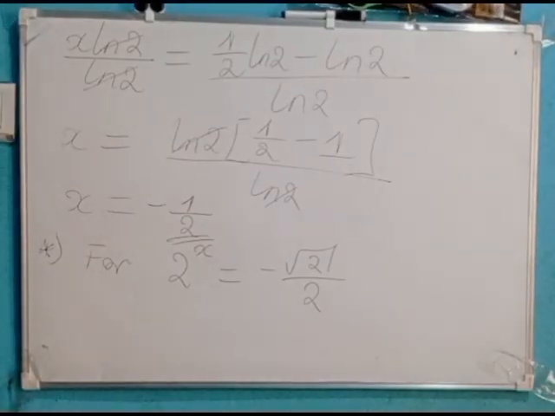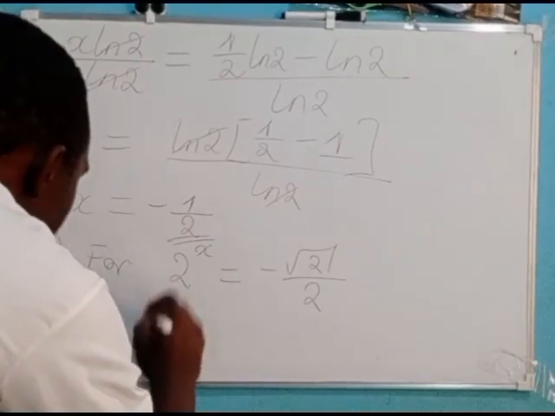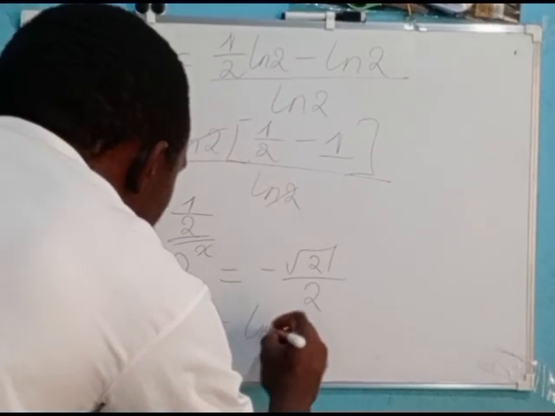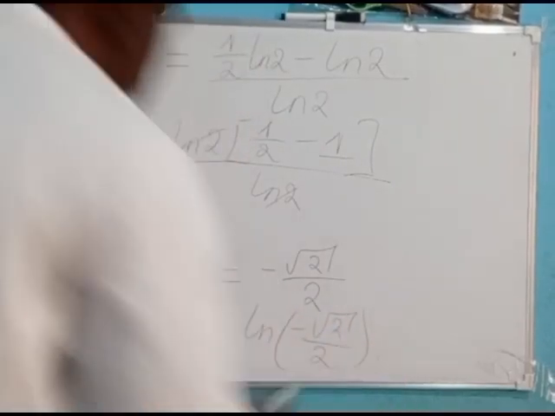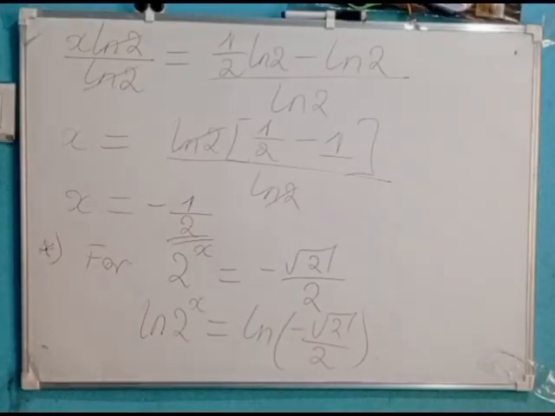For this case, if we take ln on both sides, the ln of 2 raised to the power x is equal to the ln of negative root 2 over 2. You see that the ln of negative root 2 over 2 does not exist. We cannot take the ln of a negative number. That means for this case, there is no solution for x.